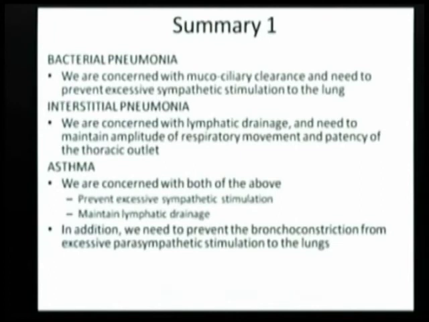For asthma, we're concerned with all of it. We want to prevent excessive sympathetic stimulation so that the mucus plugs don't become a huge problem. We want to maintain lymphatic drainage so that the inflammatory component does not create long-term problems. And we make sure that you don't have bronchoconstriction from excessive parasympathetic stimulation to the lungs.